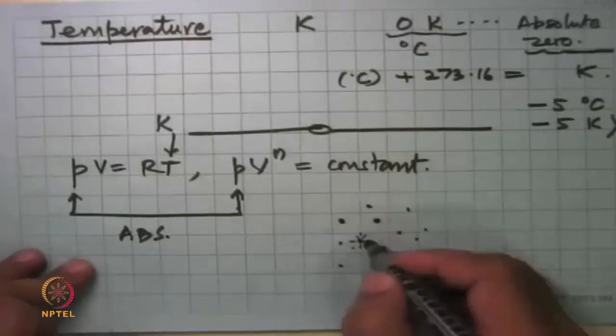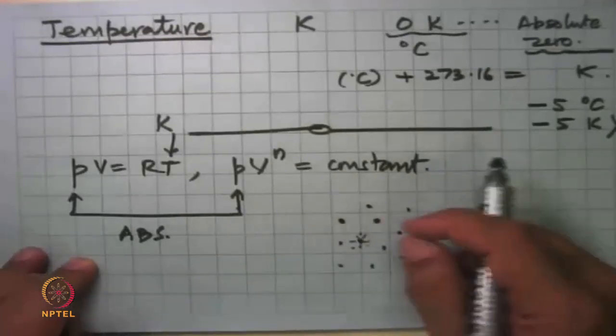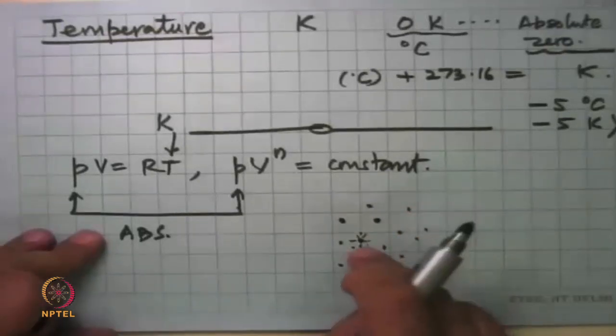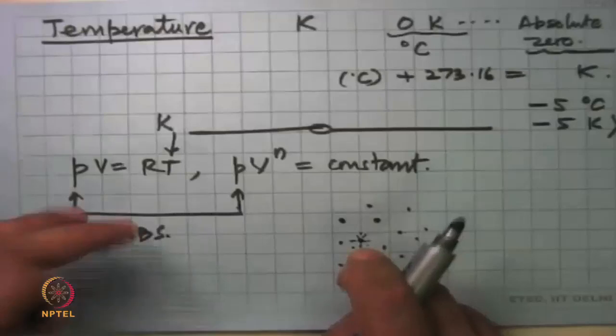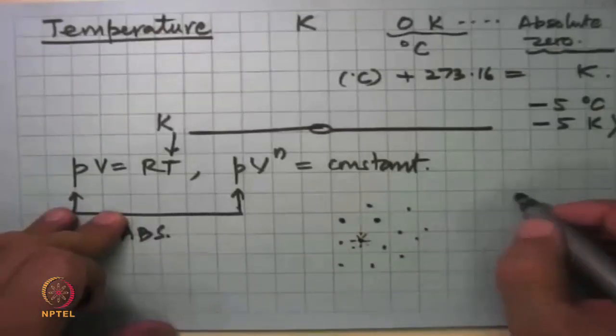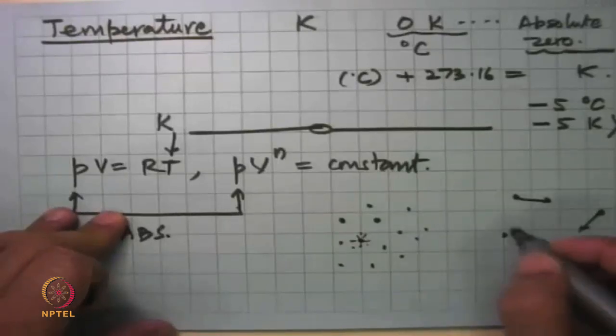When we heat it, the molecule takes more energy and it begins to oscillate faster. So that is what tells us that the temperature has increased. In gases and fluids, all the molecules are moving around in a random way.